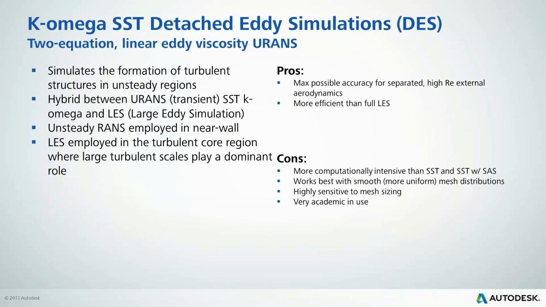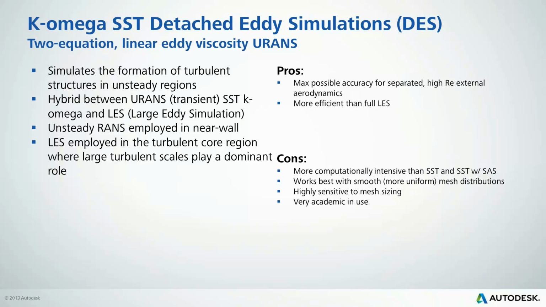So in terms of the detached eddy simulation, we talked about this before. This is a hybrid where the standard SST K-omega is solved in most of the flow domain, but where needed, the LES, large eddy simulation, is solved to capture these larger eddies. It's an unsteady model. That's what the U is before the RANS, so unsteady Reynolds-averaged Navier-Stokes.